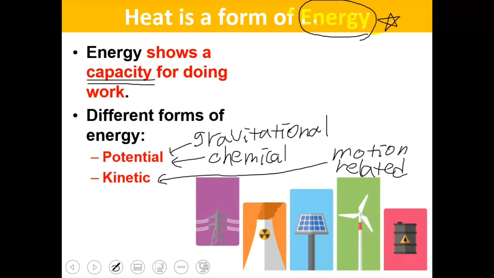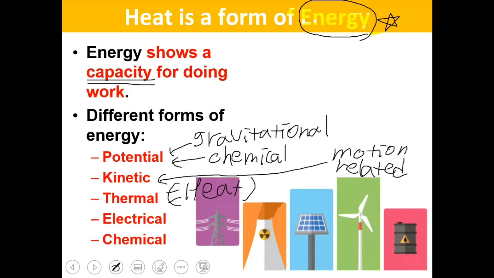That moving part, motion-related energy, is known as kinetic energy. Thermal energy is something that is related to heat. So I'm going to say that is equal to heat energy, electrical energy, chemical energy, and nuclear energy.